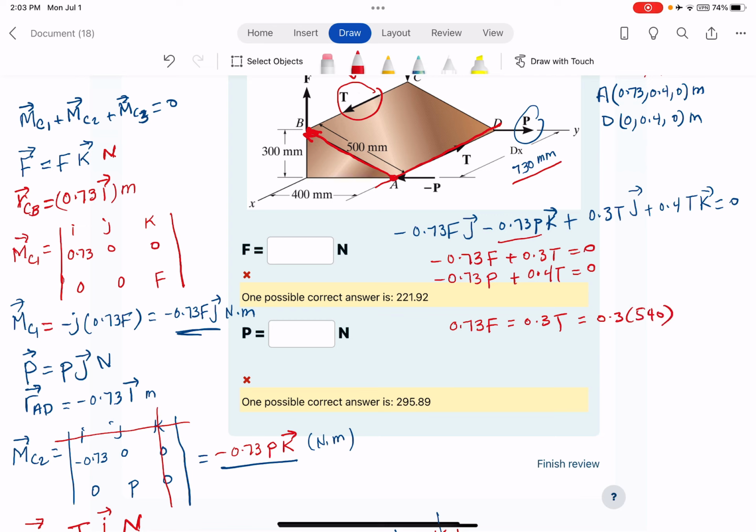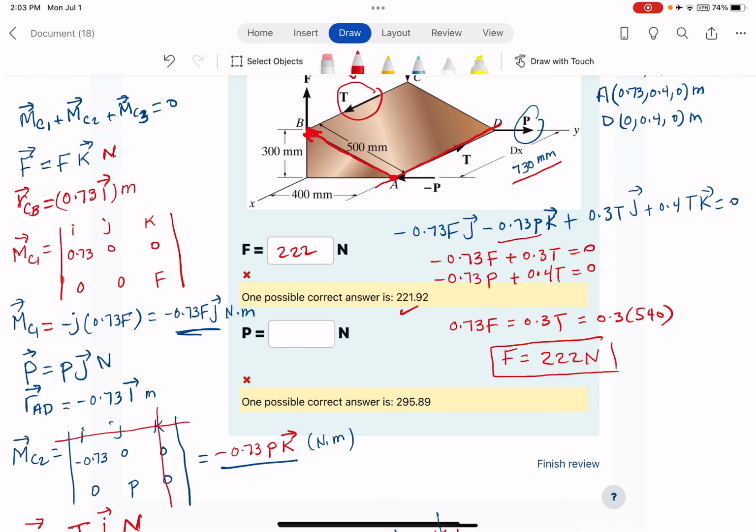So let's do 540 times 0.3 divided by 0.73, and the force F will be equal to 222, in 3 significant figures, 222.